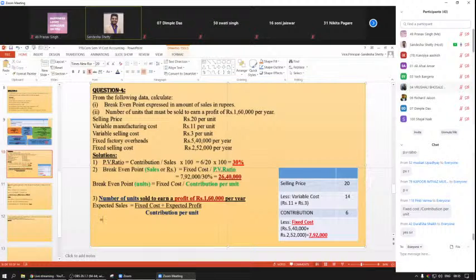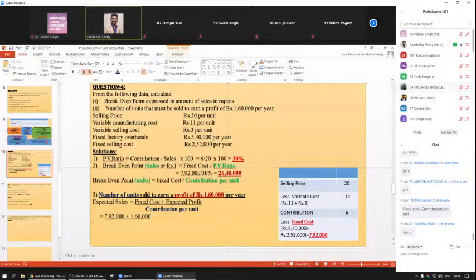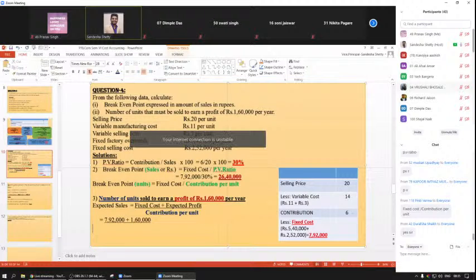Is equal to fixed cost. What is the fixed cost? Total fixed cost 7 lakh 92,000. And one more thing you might have observed, this problem is the modification of break-even point formula. Expected profit is given in the question itself, 1,60,000, divided by contribution per unit. Contribution per unit rupees 6.